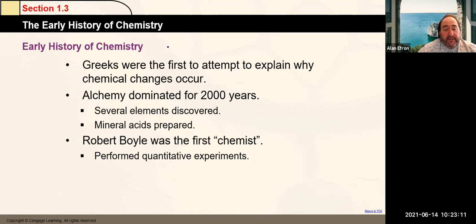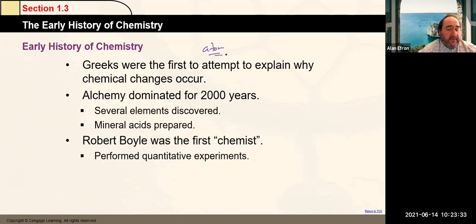So Greeks, it all started a long time ago. They thought about matter and nature as these indestructible things they called atomos, which was our forerunner to atoms, as we'll talk about.